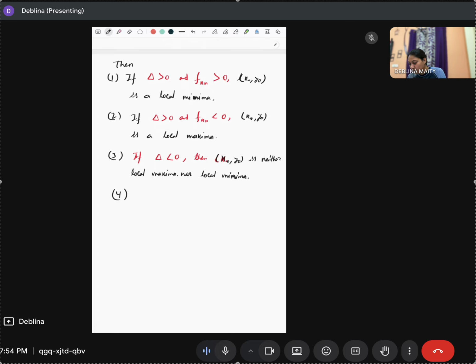For the fourth, if delta equals 0, then there is no information about this point. So you cannot say it is local maxima or minima. We have to check further.